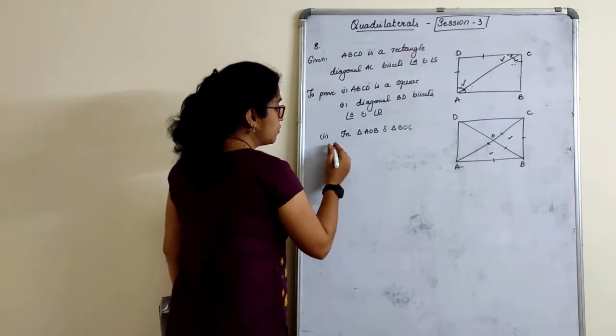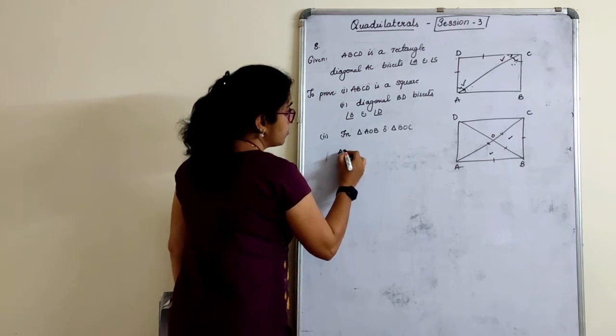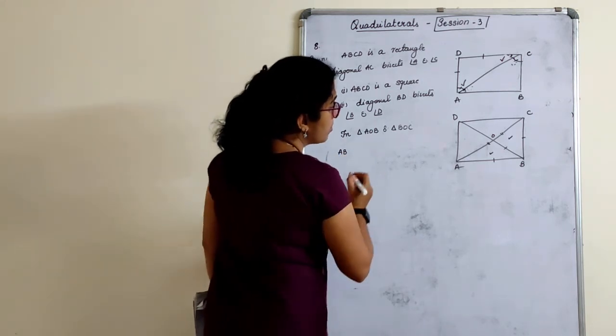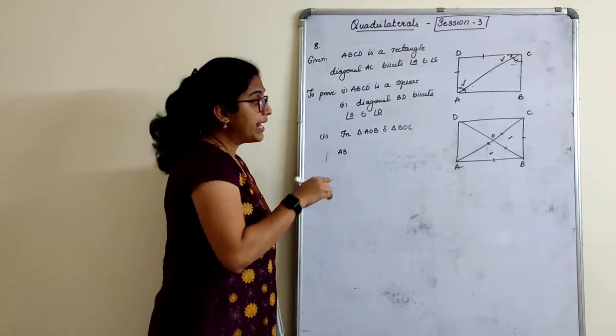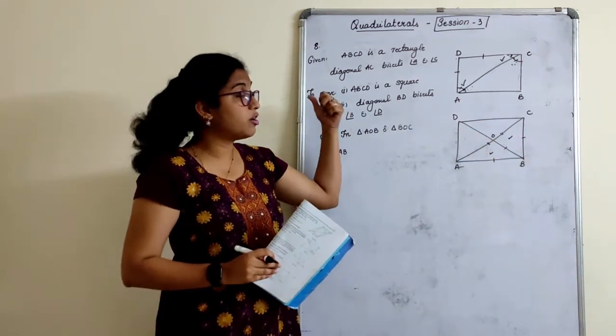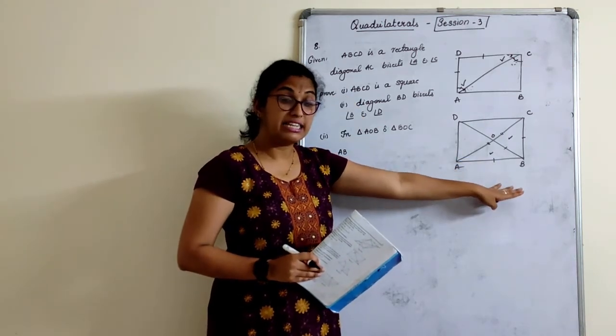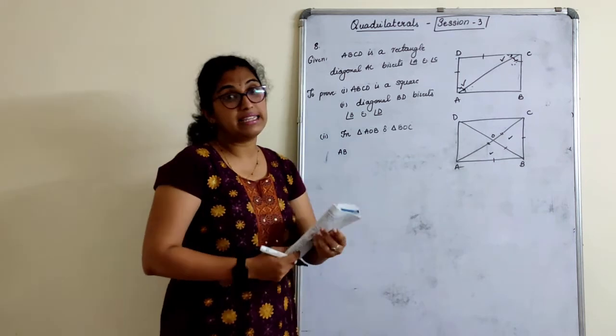Triple S congruence. So AB is equal to BC. Why did I say that? Because it is already proved before. If it was a rectangle, I couldn't have done this, right? Since it is a square, I can easily tell.